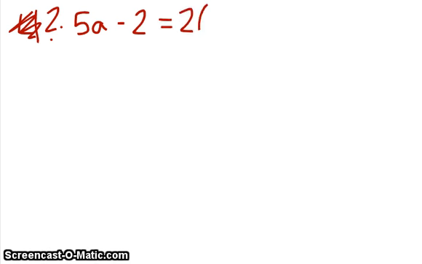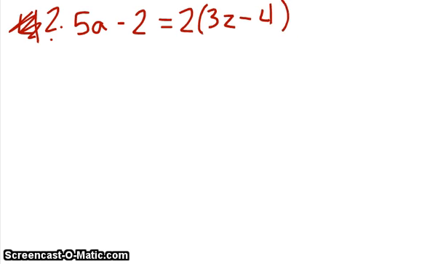Alright, here goes number 2. Alright, problem number 2 is going to be 5a minus 2 equals, oh, I don't know why I put 4 there, I meant 2, sorry. Problem number 2, we have 5a minus 2 equals 2 times the quantity of 3z minus 4.